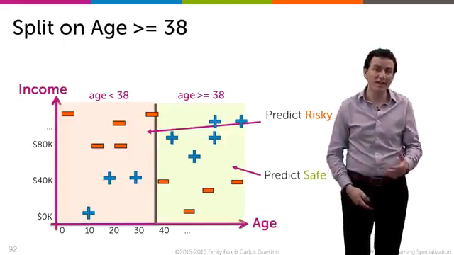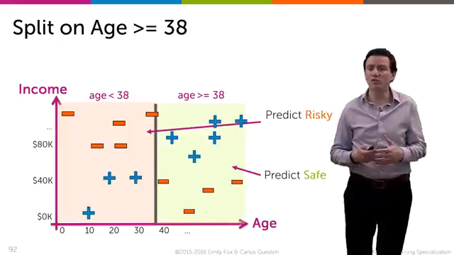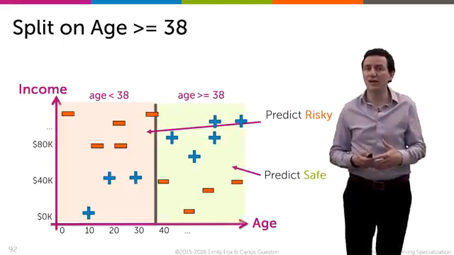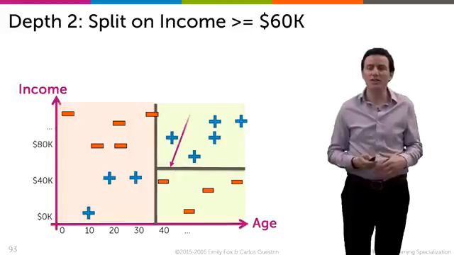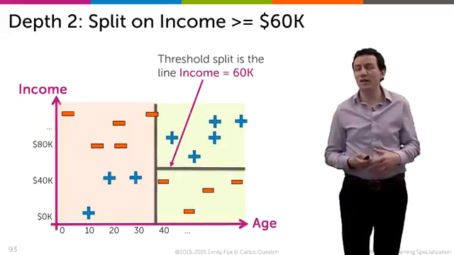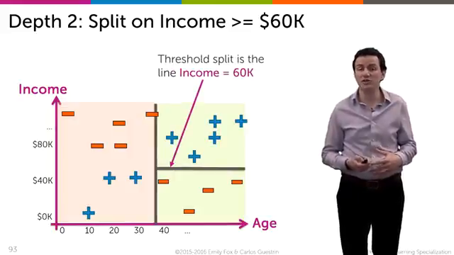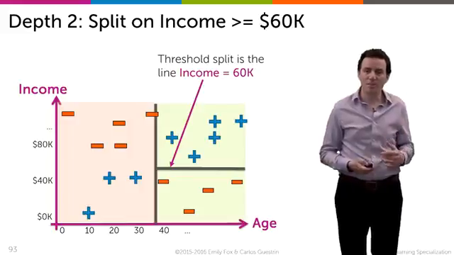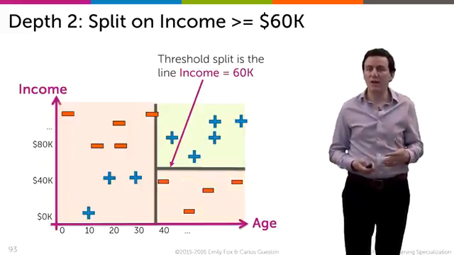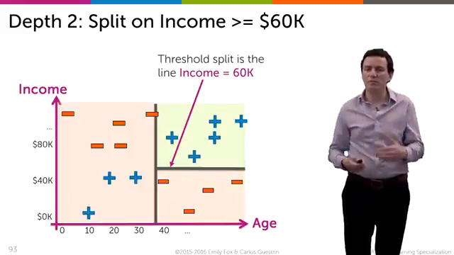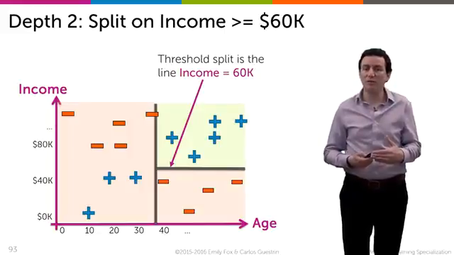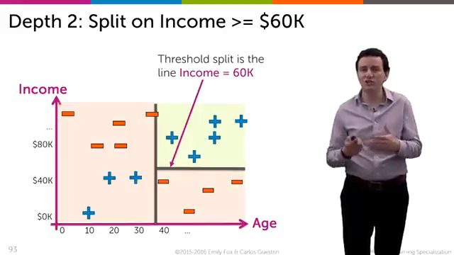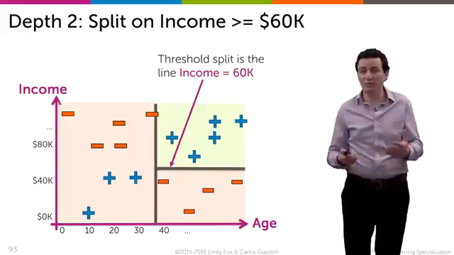Now, in the next split in our decision tree, for the folks that have age greater than 38, we might split on income and ask whether income is greater than 60,000 or not. And if we put a split there, we'll see that the points with income below 60,000, even at a higher age, might be negative, so might be predicted negative.